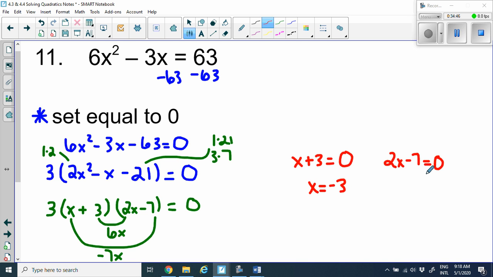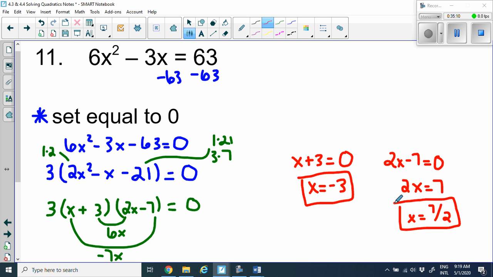On the other one, I add 7 to both sides, so I get 2x equals 7, and then divide both sides by 2, so I get x equals 7/2, or 3.5. So my two solutions, zeros or roots, are x equals negative 3 and x equals 7/2.